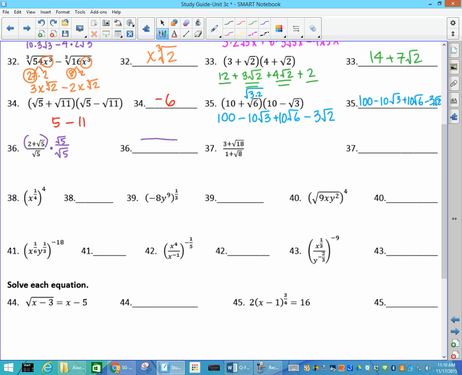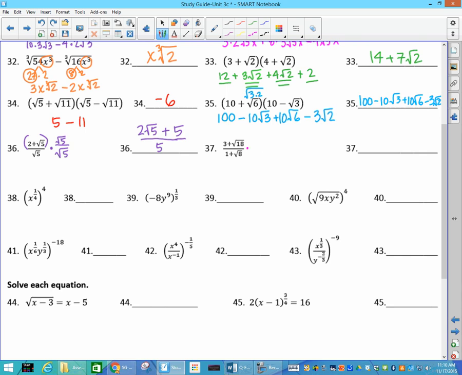So on the bottom, I just have a 5, because square root of 5 times square root of 5 is 5. But on the top, I get 2 square roots of 5 plus square root of 5 times square root of 5 is 5. So it looks like that. And please do not cancel those out. The 5 has to go into this and this to be able to cancel it. So just leave your answer like that and we're good to go.